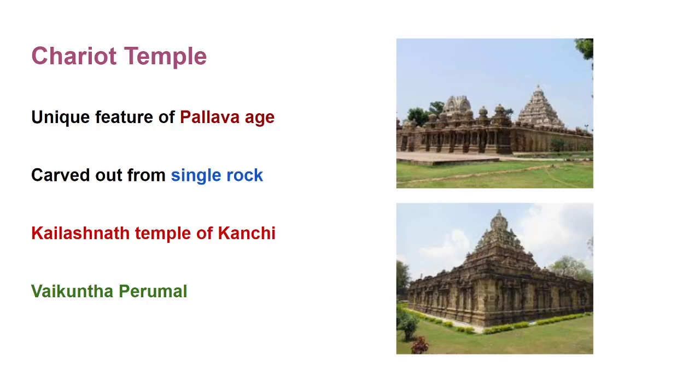It is usually used on festival days when many people pull the cart. You can imagine Rath Yatra. On this day, the chariots of Jagannath, Subhadra and Balram are pulled by people.